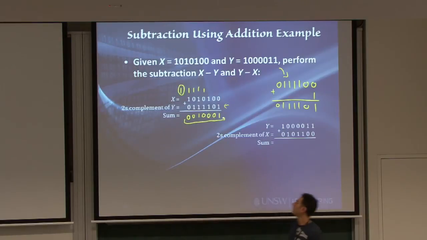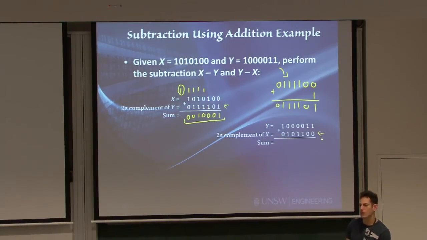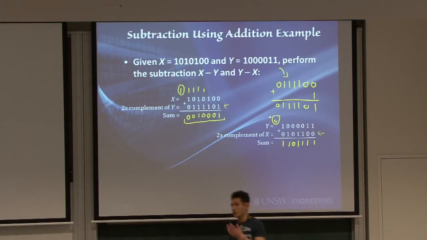The other case, so we know that in this case x was larger than y, all good. We'll try to do it the other way. So take x from y, we convert it into an addition problem. We take the 2's complement of x, invert all the bits, add 1, you end up with this. You just do an addition problem. And there's no carry coming outside. So no carry is bad, we want the carry. Meaning we have to correct for this sum there.